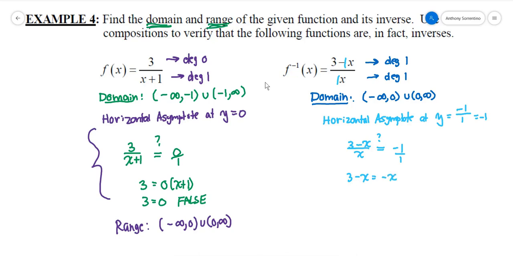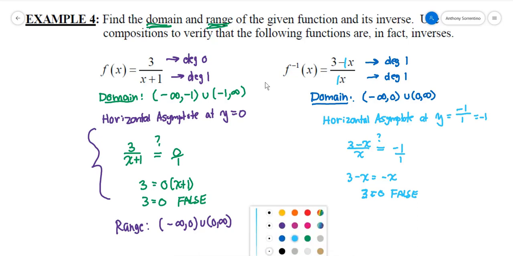I would then try to get x on one side by adding x to both sides, and that would give me that 3 equals 0 again, which again is false. So I know that 3 minus x over x cannot equal that negative 1, which means that I can now state the range for this.